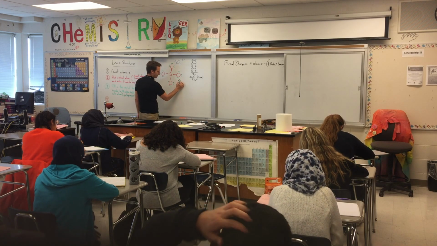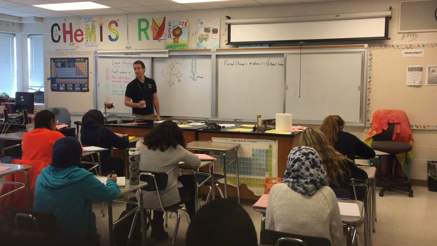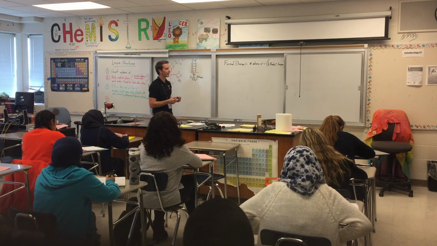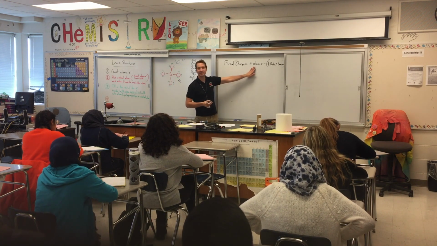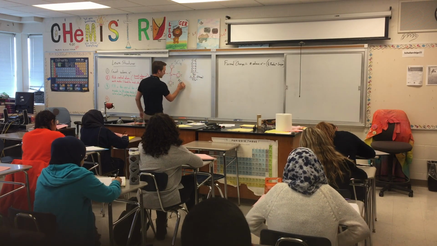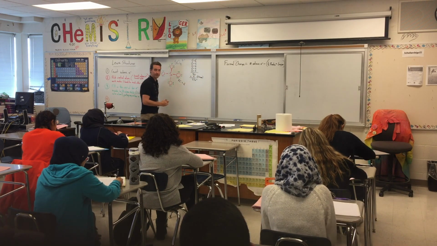Do you count a pair as one or a pair as two? Two. We're talking about the total number of electrons here, right? So it brought in 6 electrons, like oxygen did.